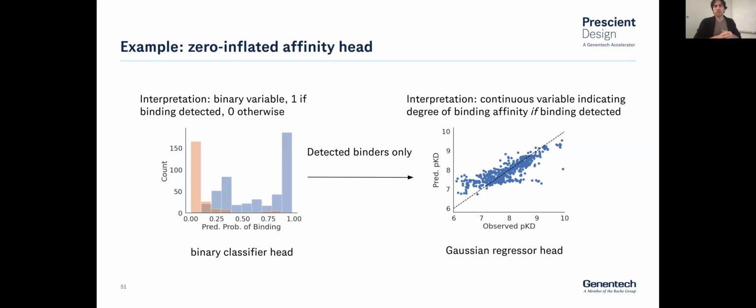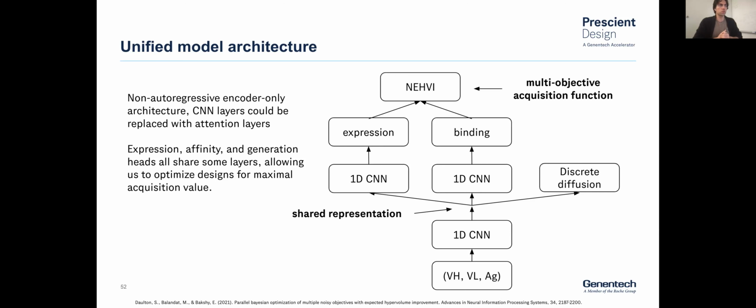So we have a single network that takes as input the variable regions of the antibody and the antigen sequence concatenated together, along with some utility tokens. And then there's a shared encoder that's, in this case, just 1D convolution residual blocks that then splits out into various branches.